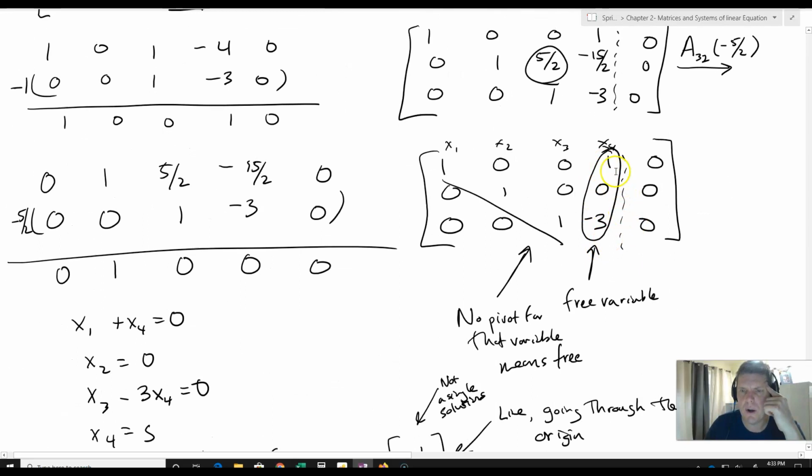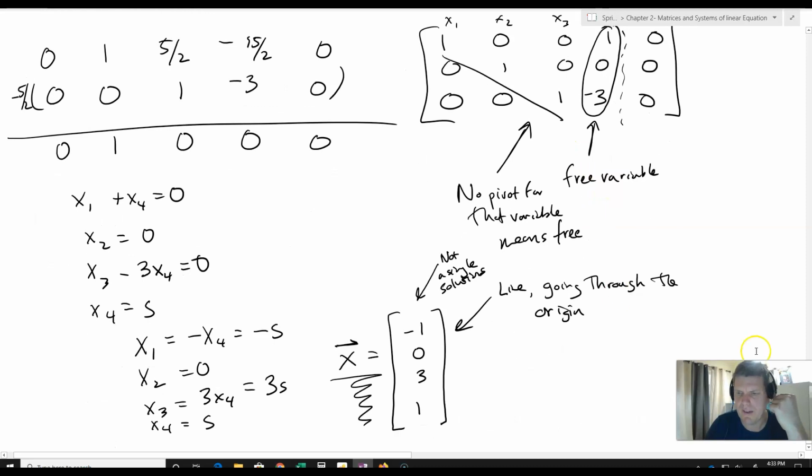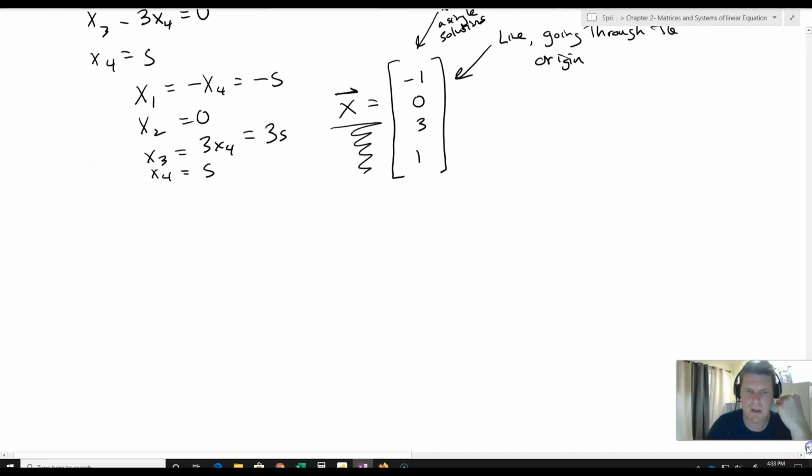Another thing to notice: whenever we have a column that does not have a pivot, that column represents one of our free variables. Okay, we can in fact write that down here.